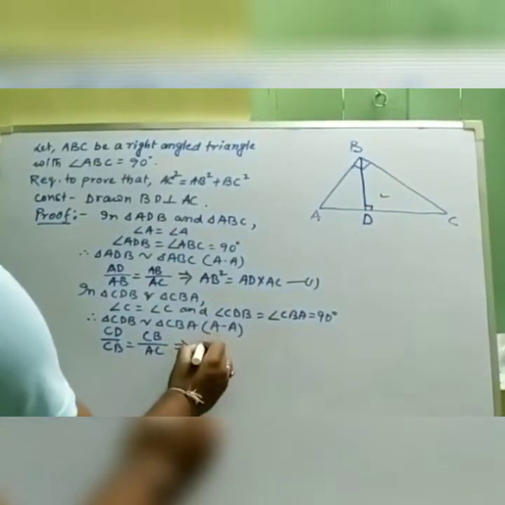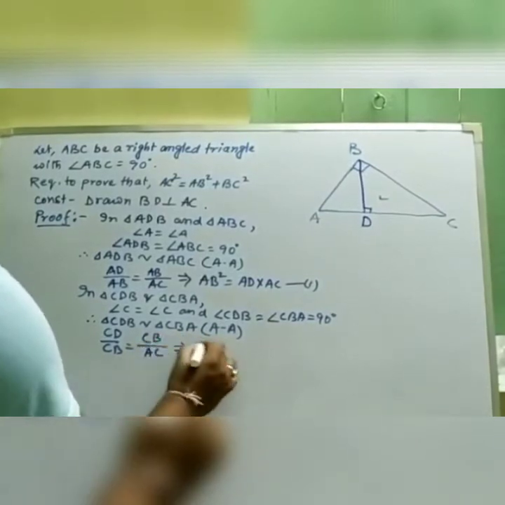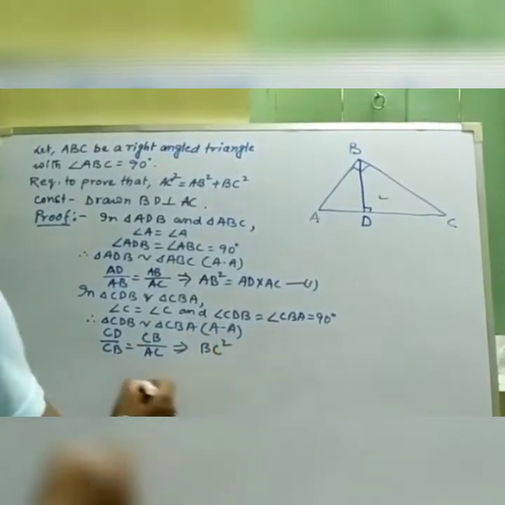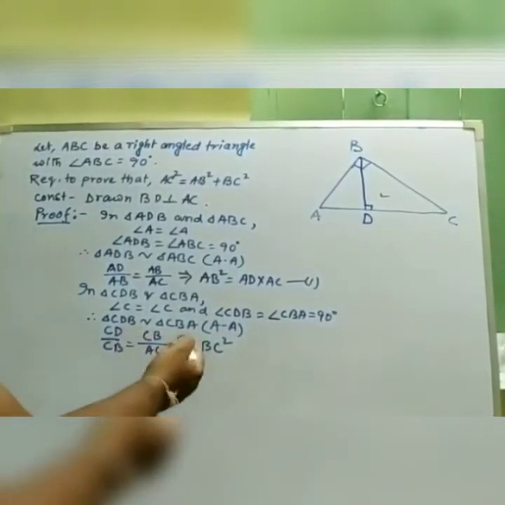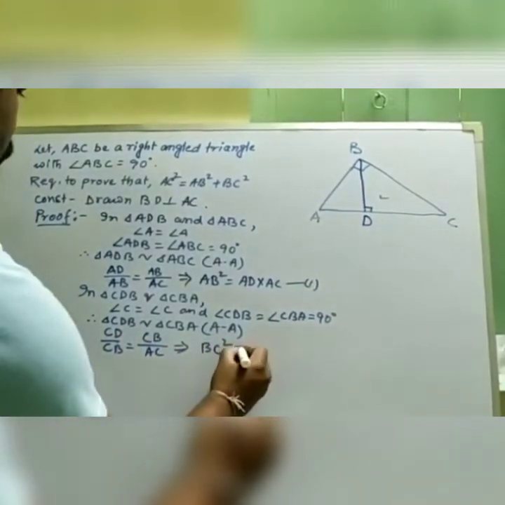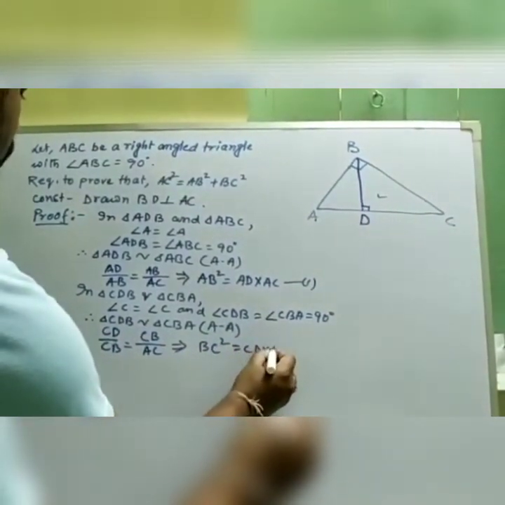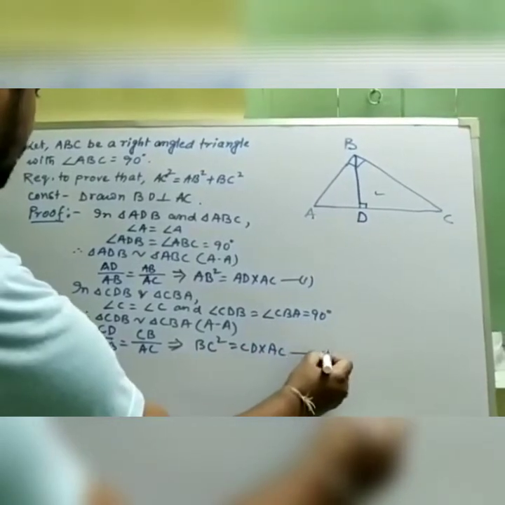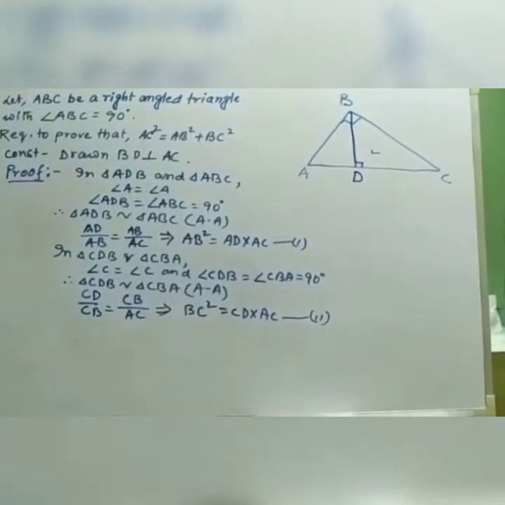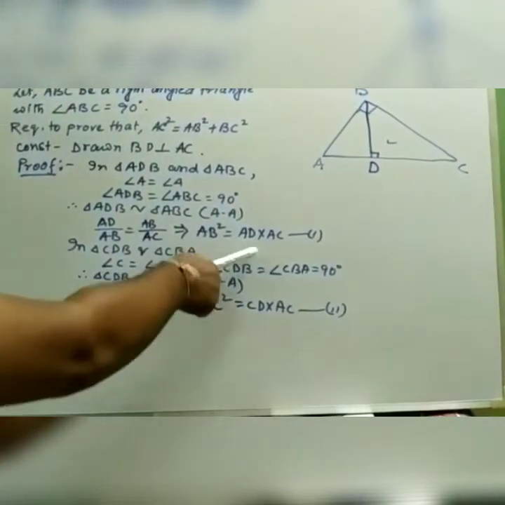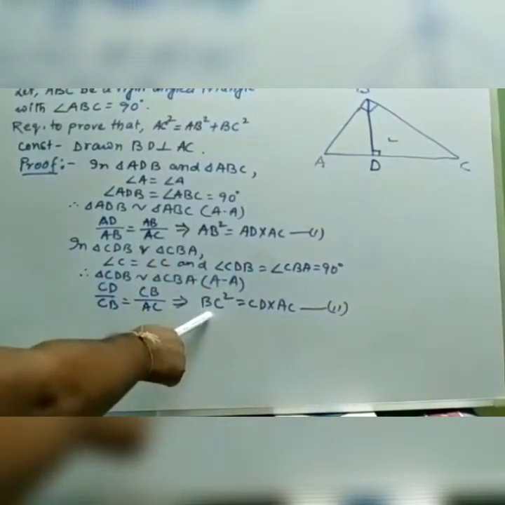Doing the cross multiplication, you get CB square, that is BC square, equals CD into AC. So that's condition 2. We got the two conditions, 1 and 2, giving AB square and BC square values.